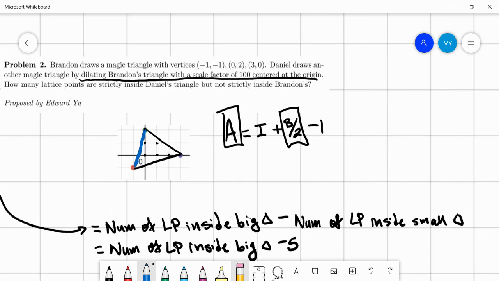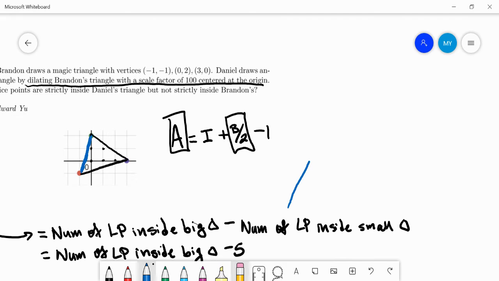So if you consider what the triangle side looks like at the end, we will have this huge long blue segment, which is made of 100 small copies of the blue segment here. This would be the blue segment, this would be the blue segment, this would be the blue segment. When I say the blue segment, I just mean the vector connecting these 2 points. And on and on until there's 100 of these blue segments stacked together.